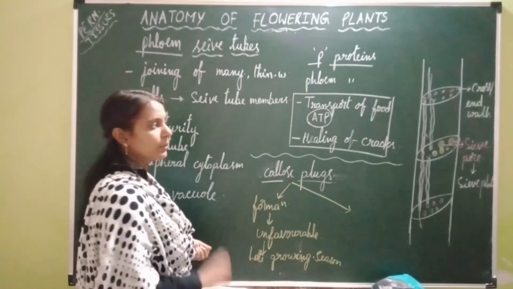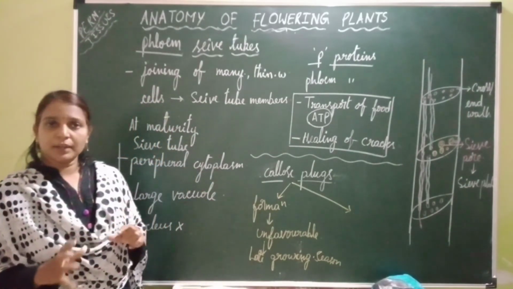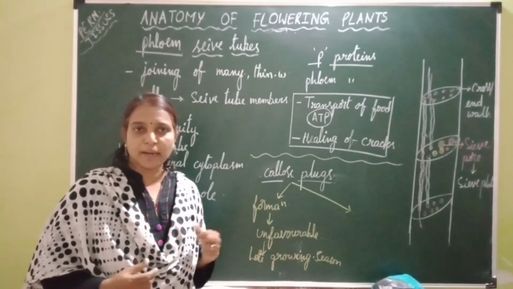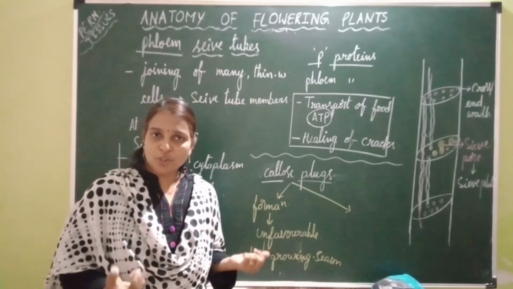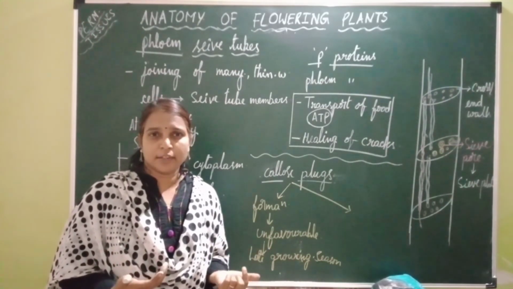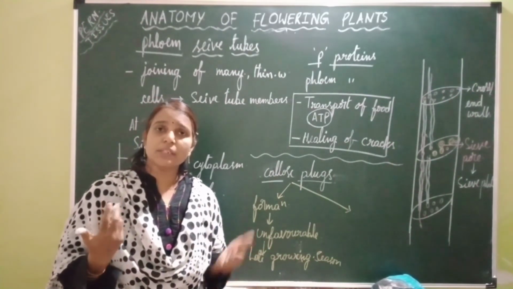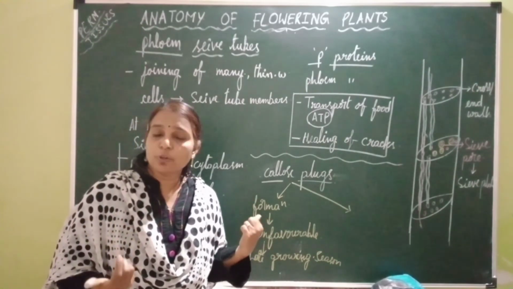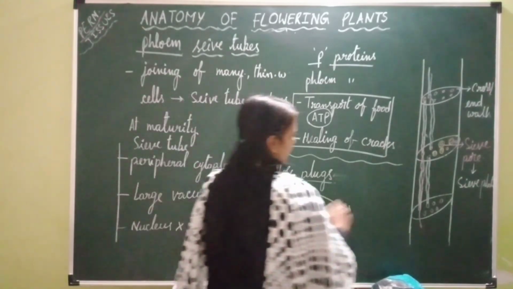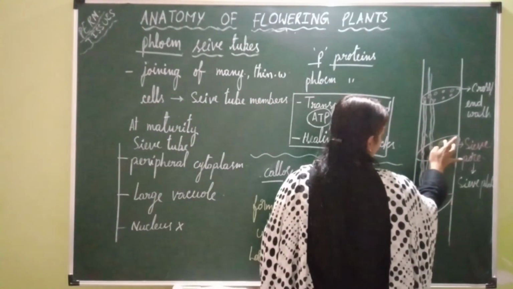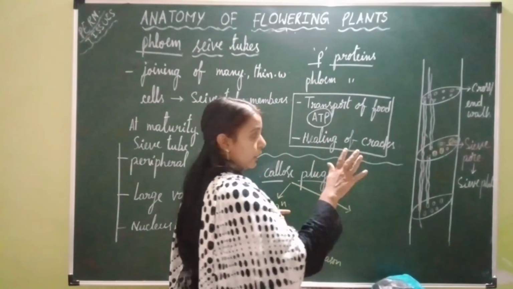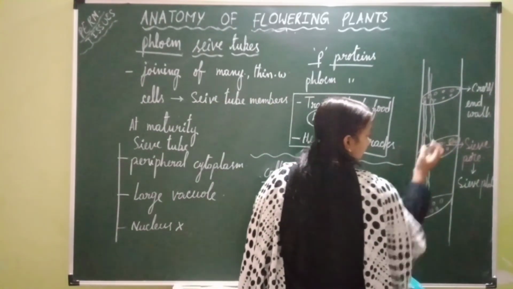Now coming to favorable conditions. So during favorable conditions, what happens? Formation of new leaves occurs on the plant. So for the formation of new leaves and for the growth of plant, what is required? Food is required. Food needs to be transported through these sieve tubes. So when the food needs to be transported, dissolution of callose plugs takes place. The callose plugs which have blocked the sieve pores undergo dissolution, breakdown, so that the pores get opened.